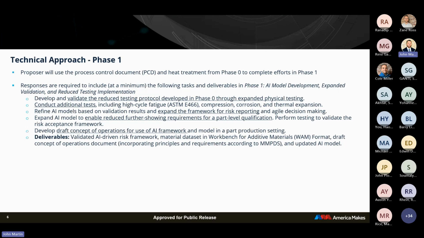Most of the costs would be put into printing coupons, getting them tested, and then building out the AI model. So I think to print and test for a pre-qual is not going to cost anywhere near $2 million. If you did it on a CD basis, then you would, but nevertheless, it's still a lot of work.